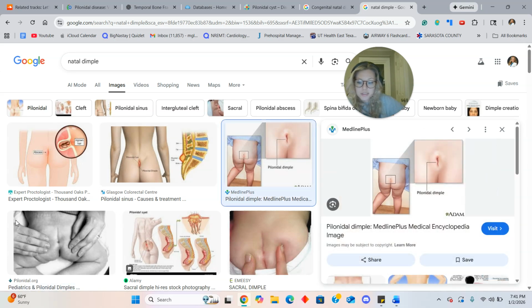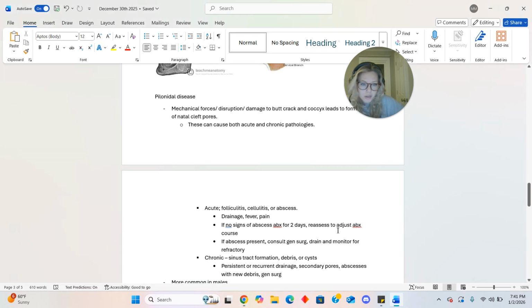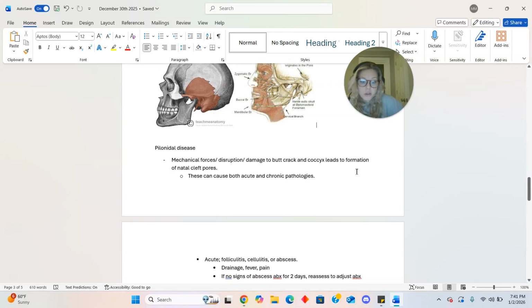Okay? Anyways, these are patients that are at risk of pilonidal disease. Other people that are at risk for pilonidal disease are people with hidradenitis suppurativa, sebum occlusive disorders, some type of other eczema on somebody's head.